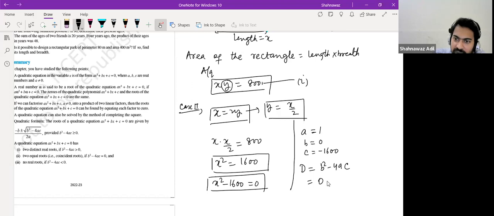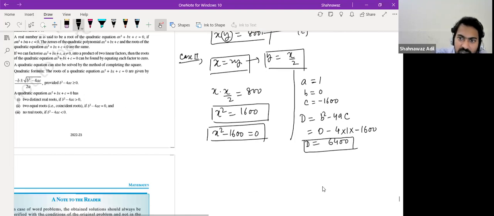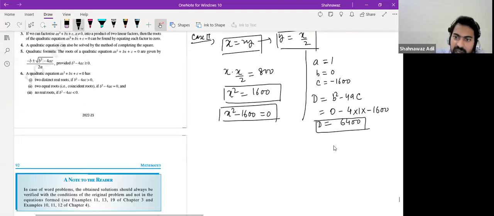And minus 4 into a, which is 1, and c is minus 1600. Minus minus cancels, and we have 6400. So D is greater than 0, so the roots will exist and they are real and unequal.